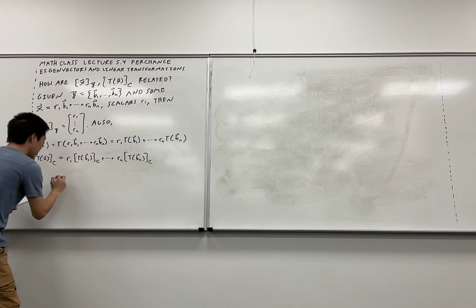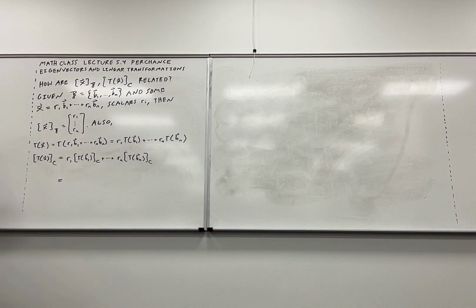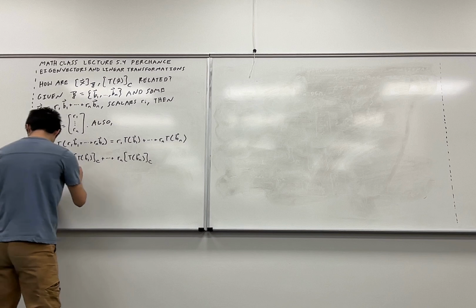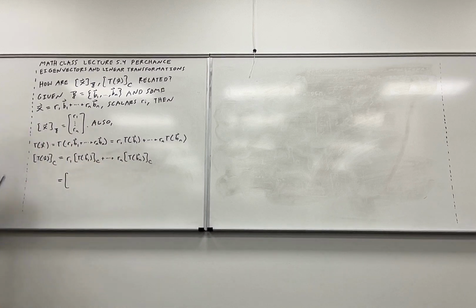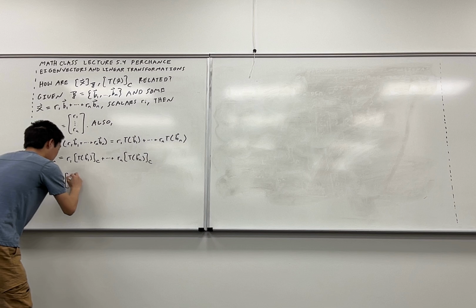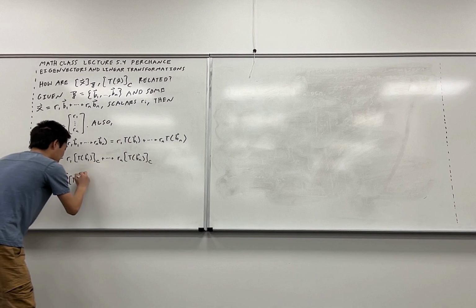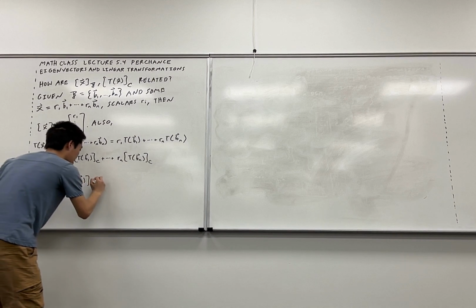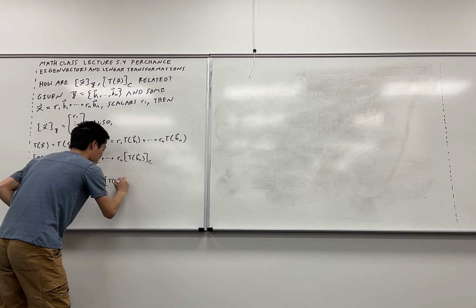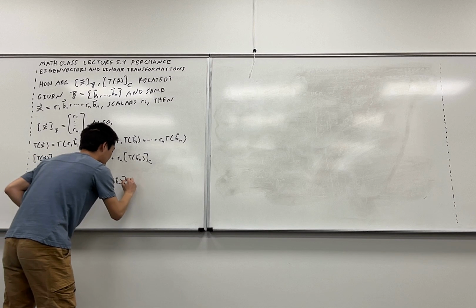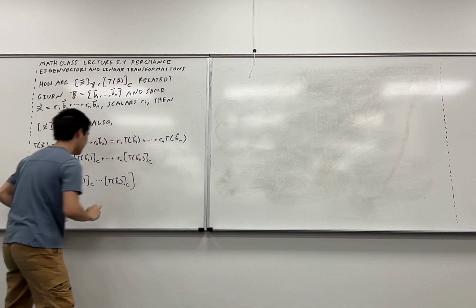If I do that, you might recognize that this vector equation is very, very familiar to like 1.4 of this class, is I can now make a matrix with all of these vectors being the columns of it, right? So I can do T of b1 in c coordinates all the way down as a column, and the last column is going to be transforming my nth basis vector and then taking the transformation in c coordinates.